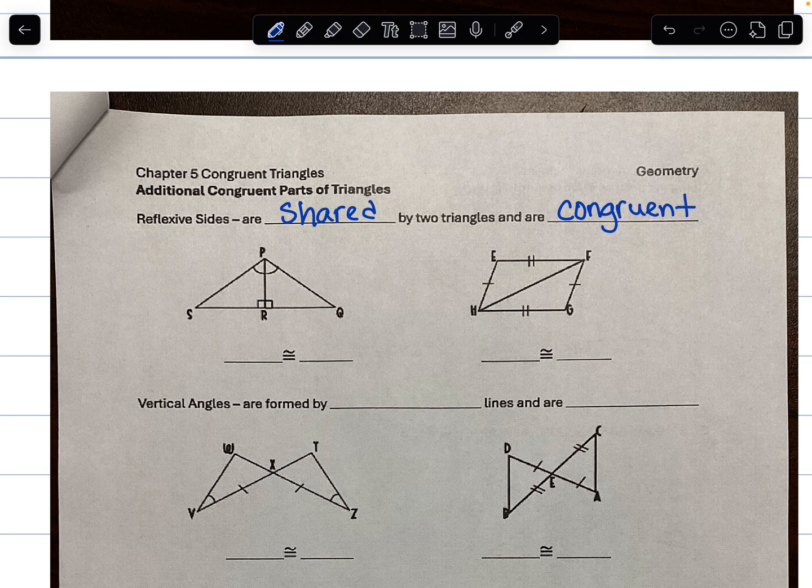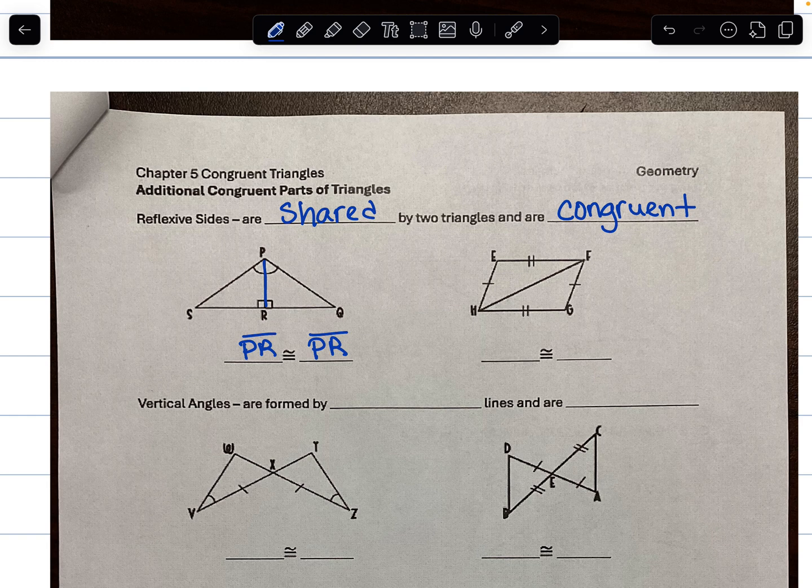So on the first example, how could I name my shared side? PR, right? So PR is congruent to itself. Which should make sense. If two things share a side, the length of that line has to be the same. So we can say the two sides are congruent, okay?